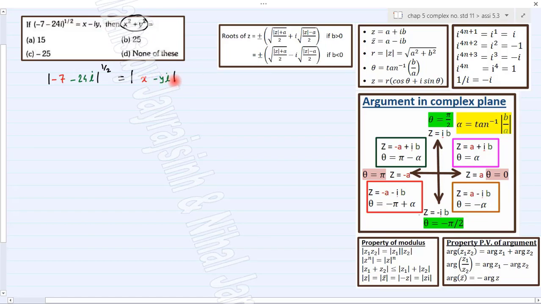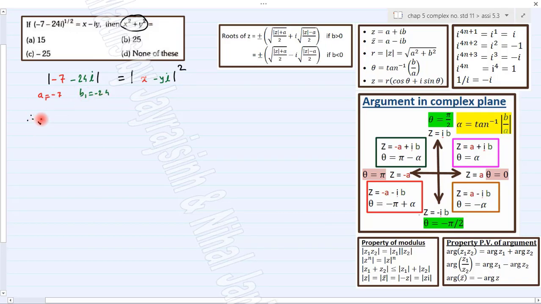Now to avoid the square root, let's square both the sides. So we will get mod of (minus 7 minus 24i) will be equal to mod of (x minus yi) the whole square. On the left hand side, the real part is minus 7 and imaginary part is minus 24. So we can say its mod is under root of (minus 7) the whole square plus (minus 24) the whole square.